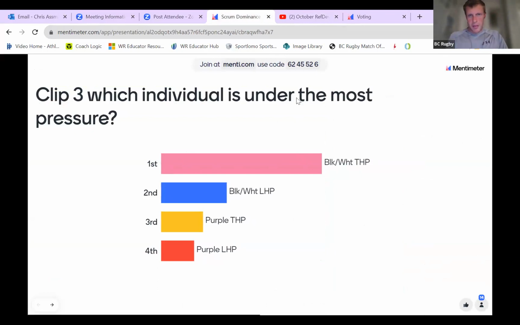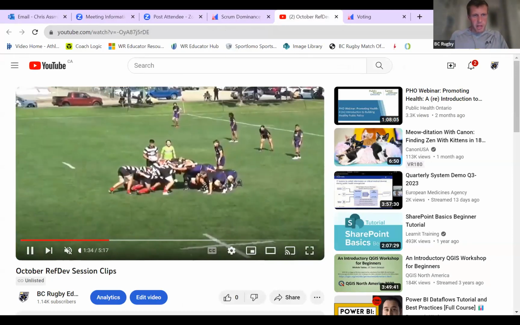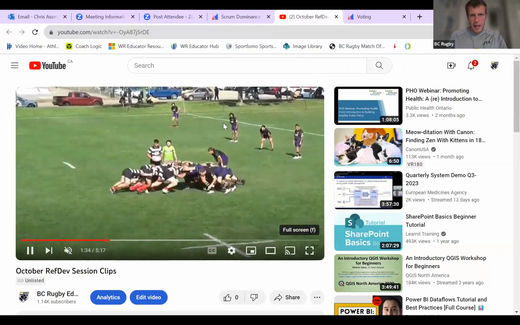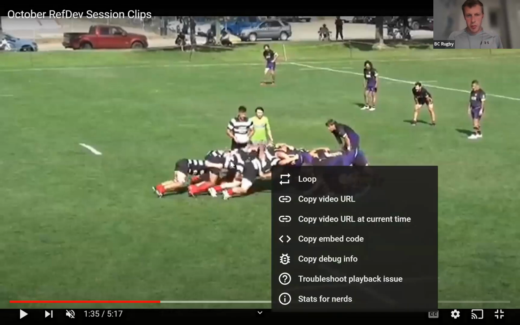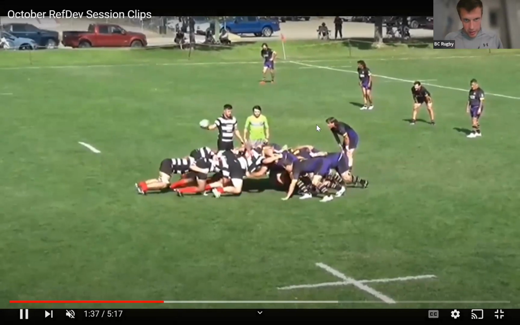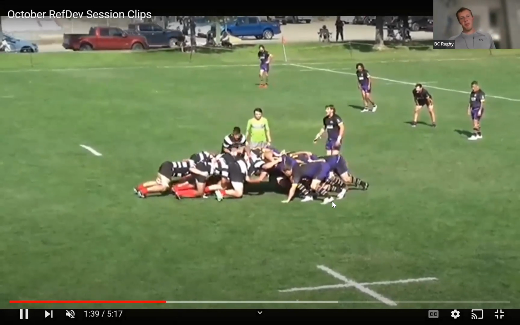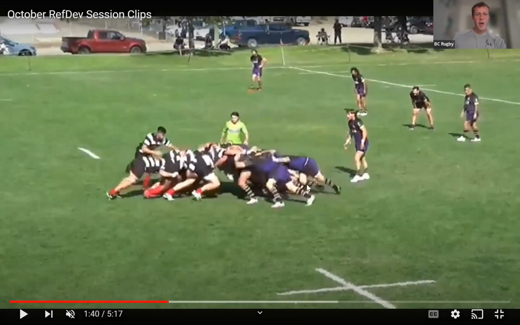So let's go back just to make sure that we have clarity on this. When we say under pressure, we have to go back to that moment where the ball's being introduced. We've accepted at this point that our setup is good. We have that moment of stability before set, before the ball being introduced. And now here's where we have to be strategic. And this is where that contextual piece comes in.